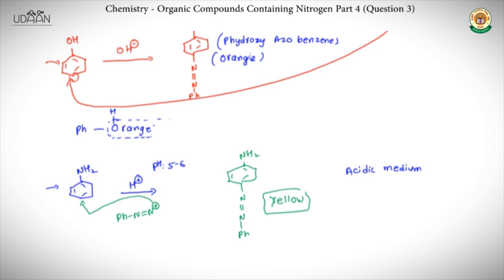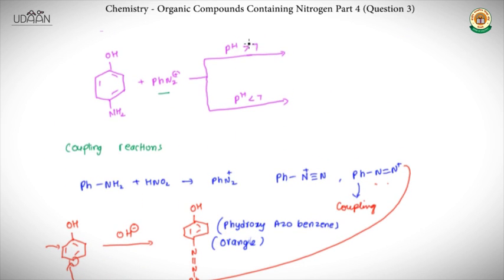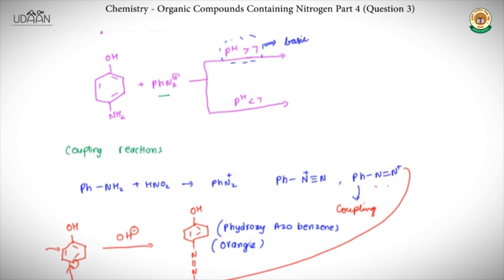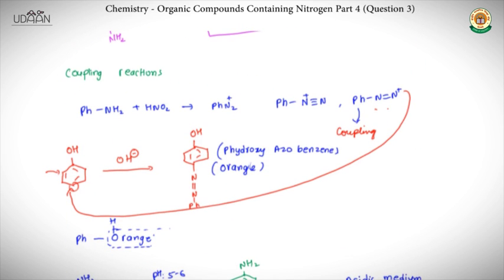Now let's come back to the question where you have first pH greater than 7. This implies it is basic medium, and let's see what happens here. For this compound where you have OH here and you have NH2 here and PhN2 plus, and for pH greater than 7, that is basic medium, you know that in basic medium you are doing coupling with phenol.